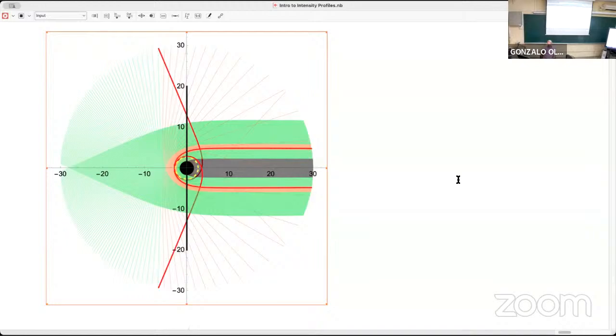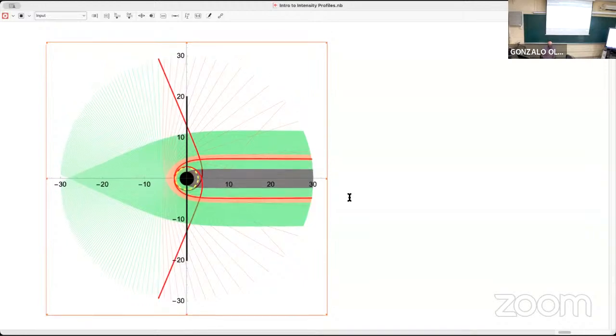For this code, I think we use the integration from 1000, so it's very far away. This is why these geodesics look parallel to the axis, so they come from very far away. So this is an advanced version of the code, a premium version. It's not in the free version, but it's not really difficult to produce all this.